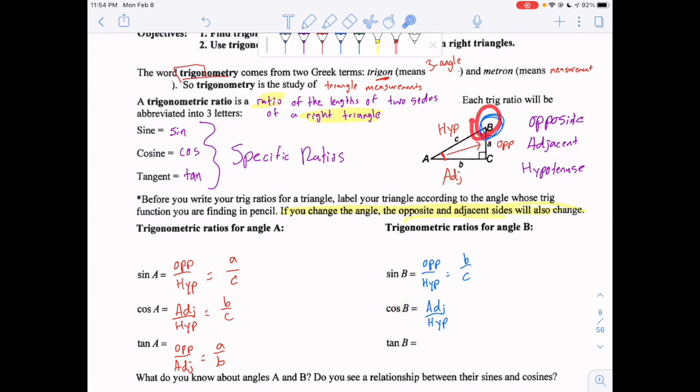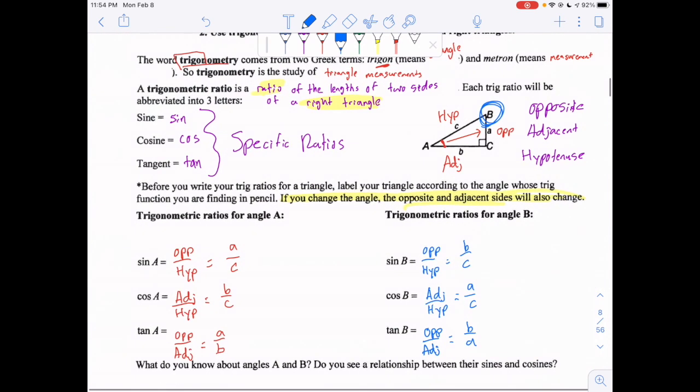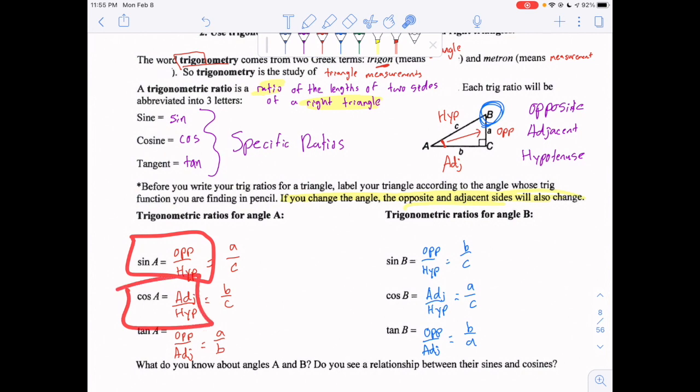So for angle B, the adjacent is now side A, hypotenuse is C. Tangent is going to be opposite over adjacent, thus it will be B over A. Again, these 3 names are just names for specific ratios, and these specific ratios are those right there.